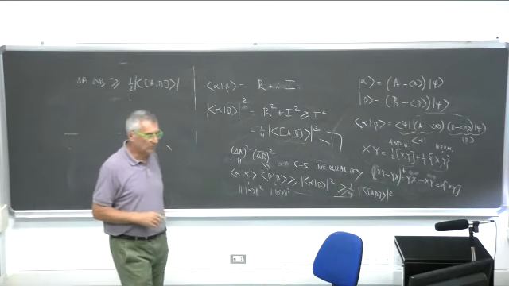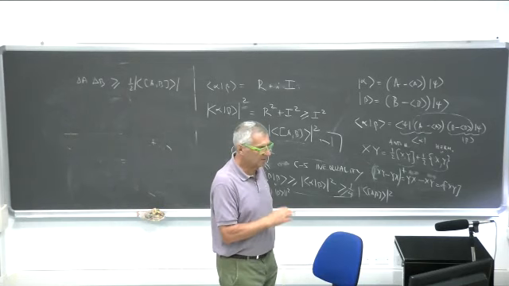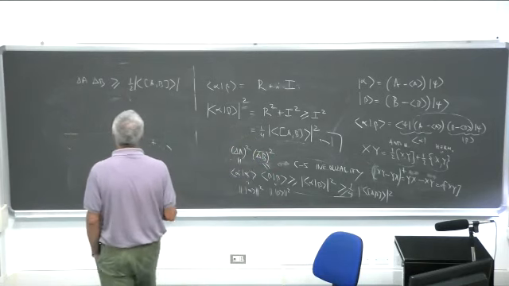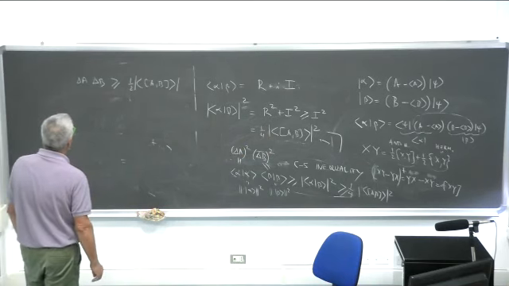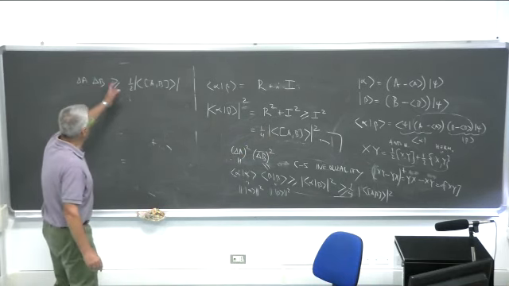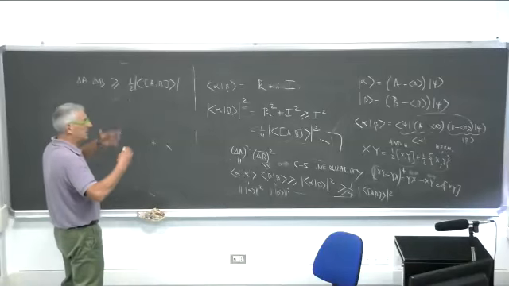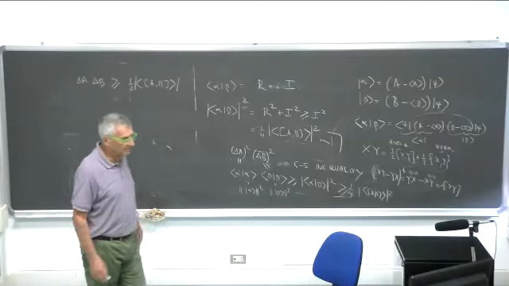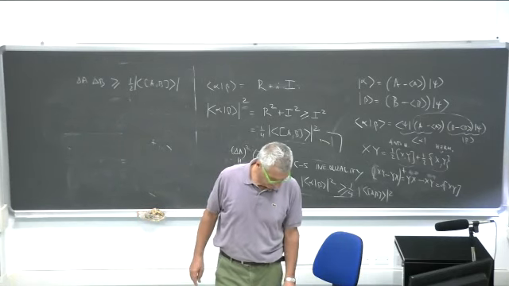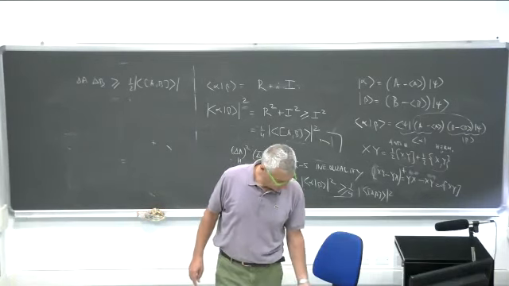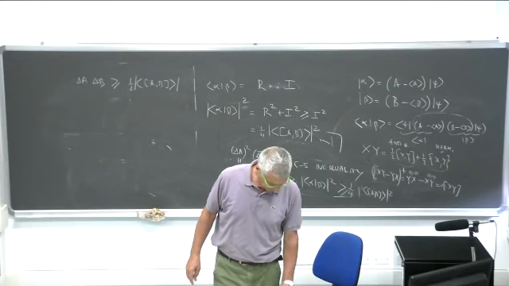We will see how to construct states for which this is saturated. If this is greater than, then it means that you are very quantum, right? Very far from the classical situation, right? Okay.